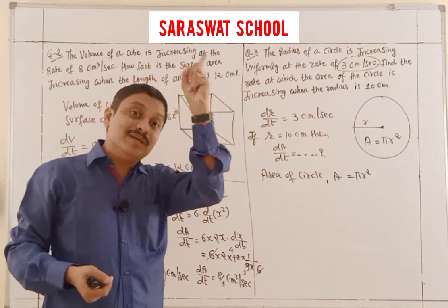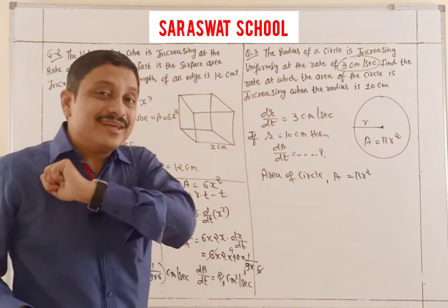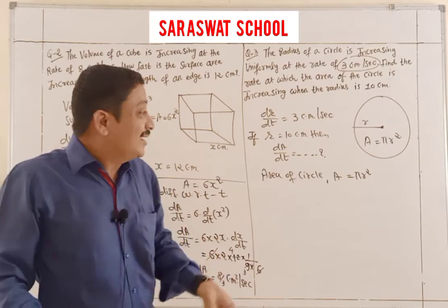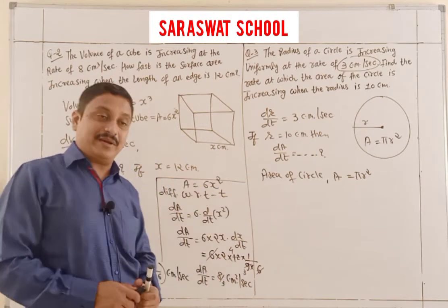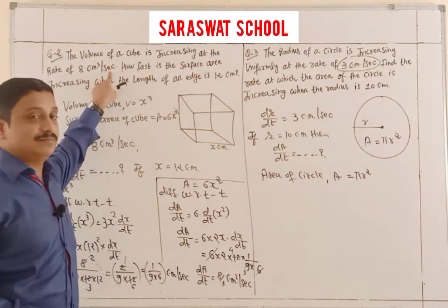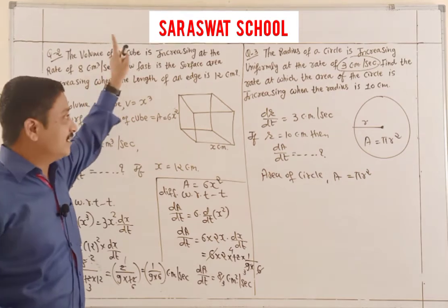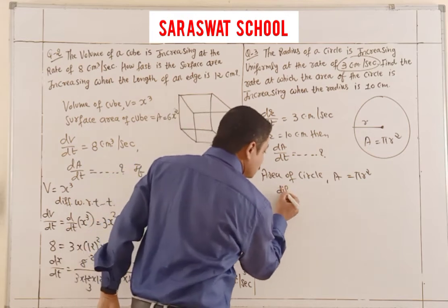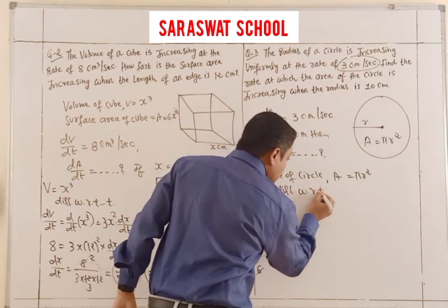In the previous first numerical I explained, it was with respect to radius, already given in the question. Here it is given with respect to time. Here also time is given in seconds, so I take the time t. So differentiation with respect to time.